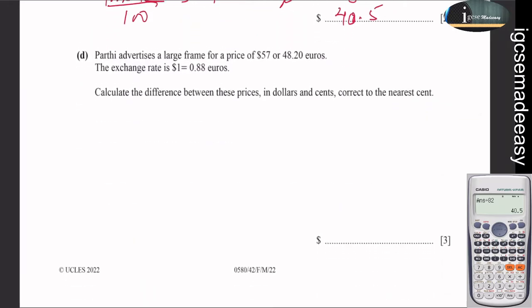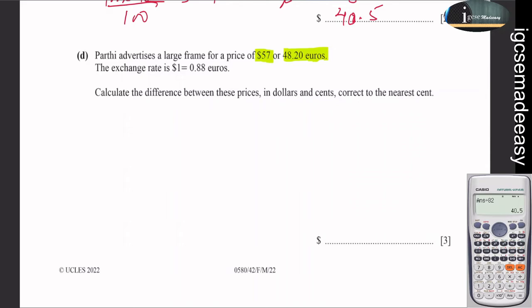Okay, so let's do part D. Advertise a larger frame for $57 or 48.20 euros. The exchange rate is $1 is 0.88 euros.